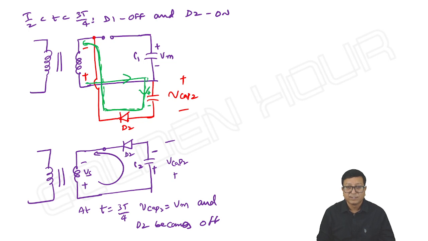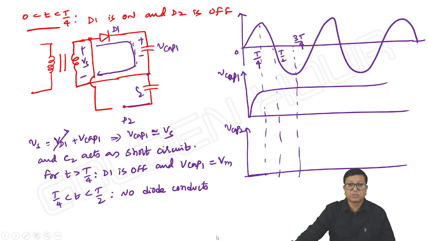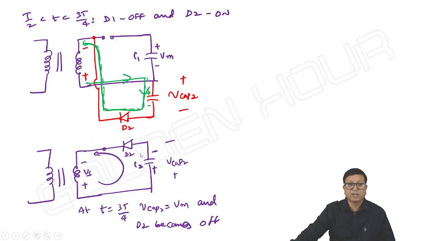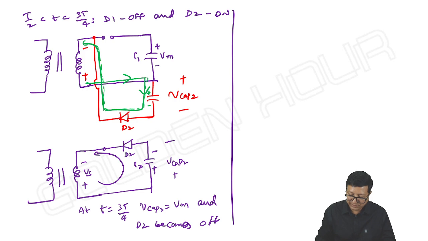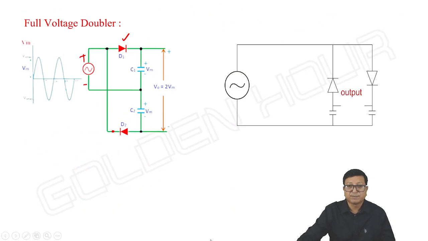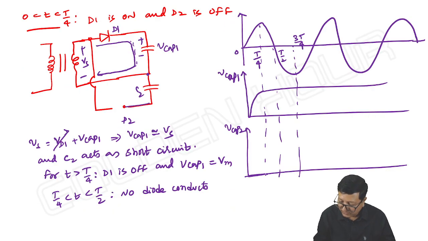So finally, what about the overall output then? In steady state, this is negative, but our V capacitor 2 is positive.